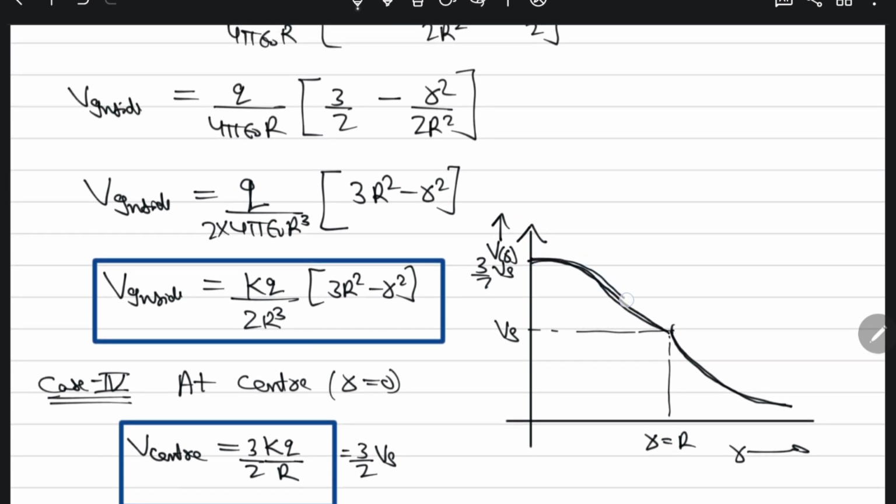First it is decreasing as a parabola curve, R square minus r square, and then after that decaying as 1 by r.